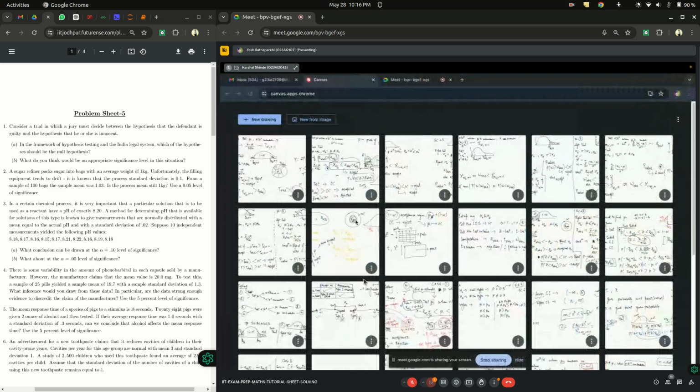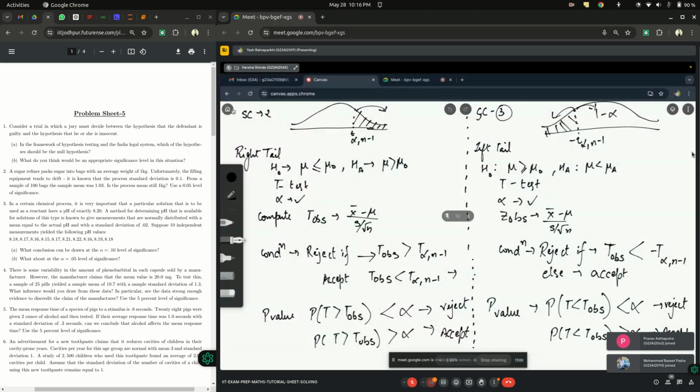Okay, guys, just a minute. I'm just checking where it was. For case number 2, I'm searching for it. In case number 2, by mistake, in the two-tail test, I gave alpha.